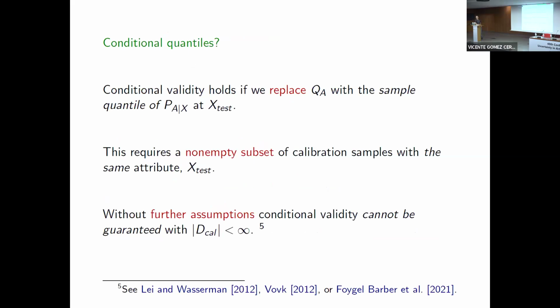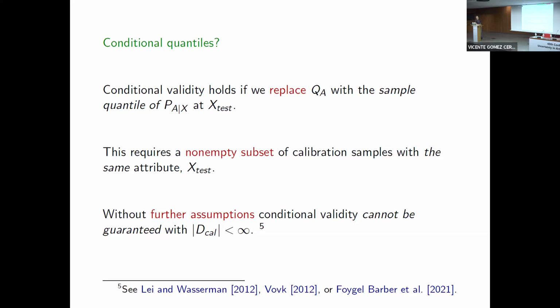Okay, can we just quickly fix this? If we replace the wrong quantile with the right quantile, the quantile of the conditional distribution, in principle we could achieve conditional validity.